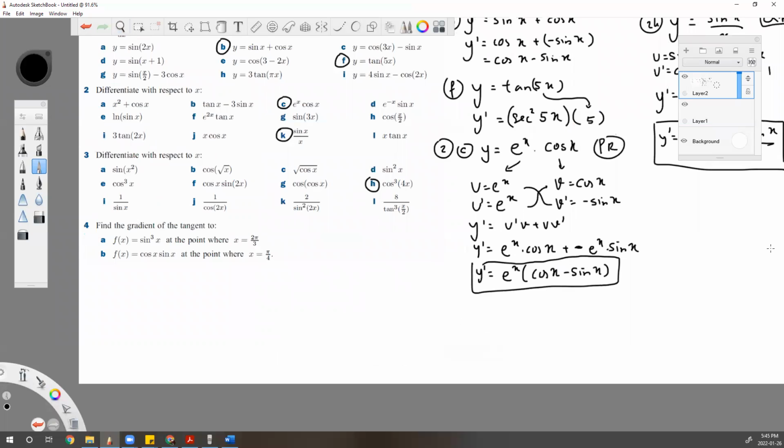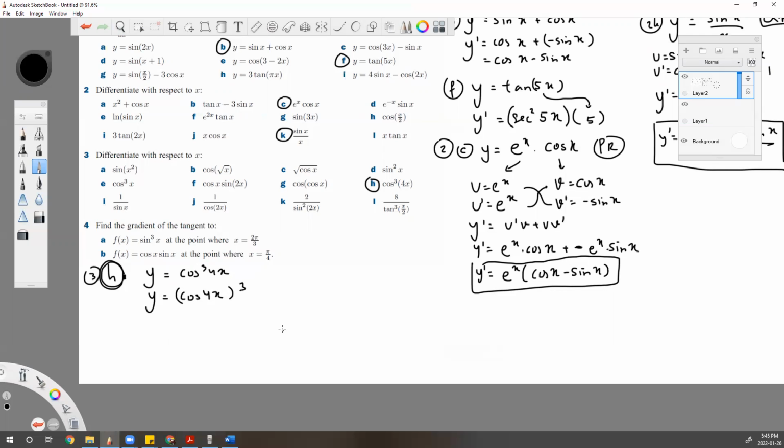Now, again, it depends on the rule. The further the question, the more complexity it will have. Y equals cos cubed of 4x. Again, this is quite tricky. Why? Because the cube is outside the cos, but you can just simply put it like this first. Cube, right?